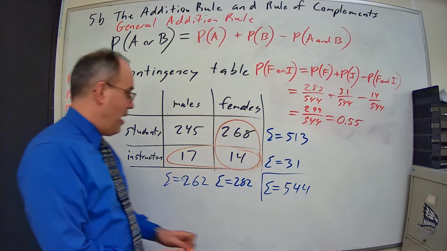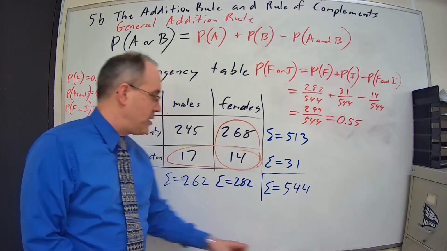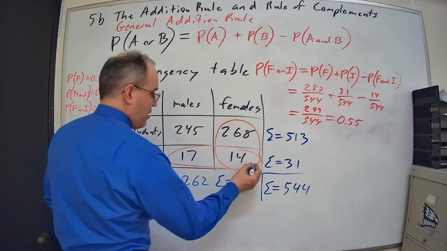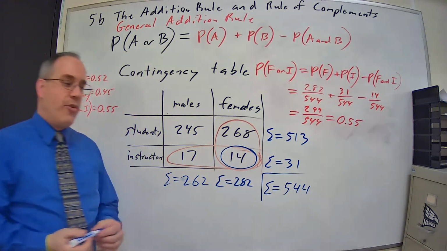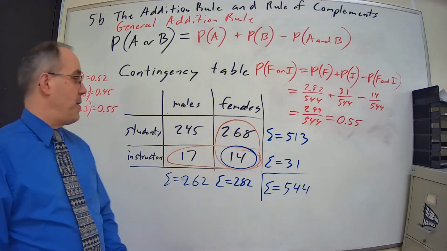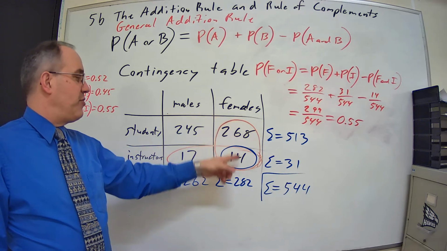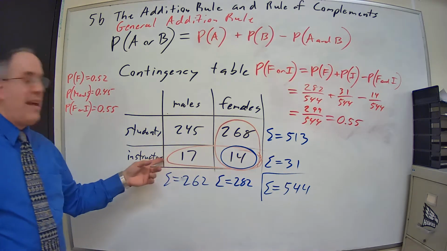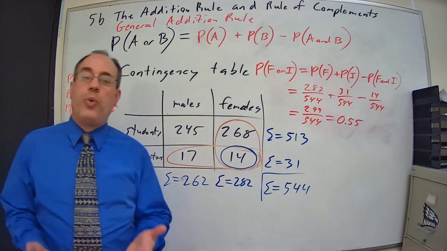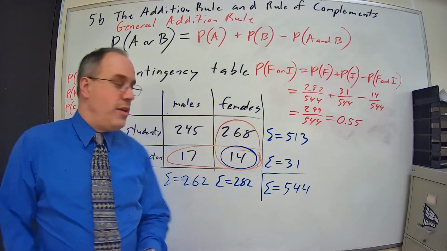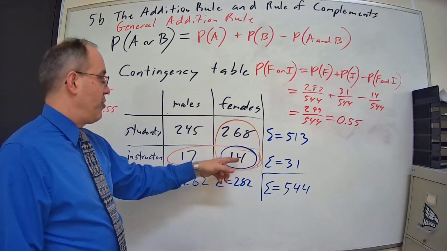Now, it should be obvious to you at this point that those 14 individuals were counted as females and counted as instructors. They were counted twice. Well, what are those 14 individuals?